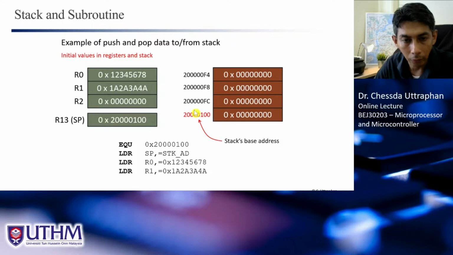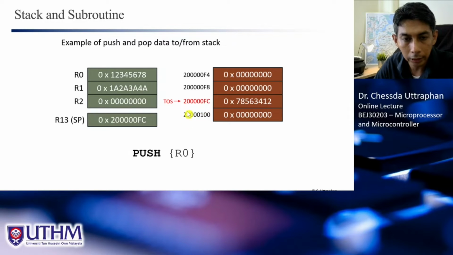So of course the SP will point to this memory location in the memory, which is the base address. And when we push the data into the stack, the data will be here, and it automatically updates the address in the SP register, right?